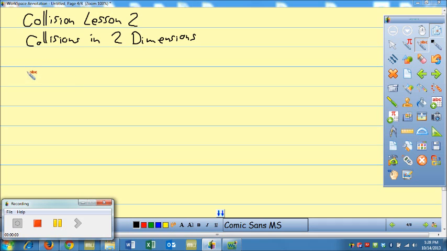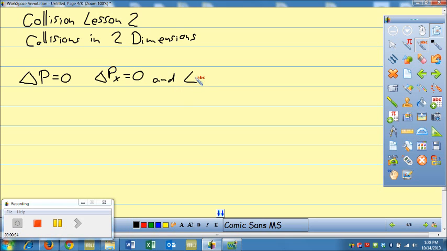So whereas before we said the change in momentum equals 0, now we say the change in momentum in the x direction equals 0, and the change in momentum in the y direction equals 0. And originally we had the change in kinetic energy equals 0 for elastic collisions.